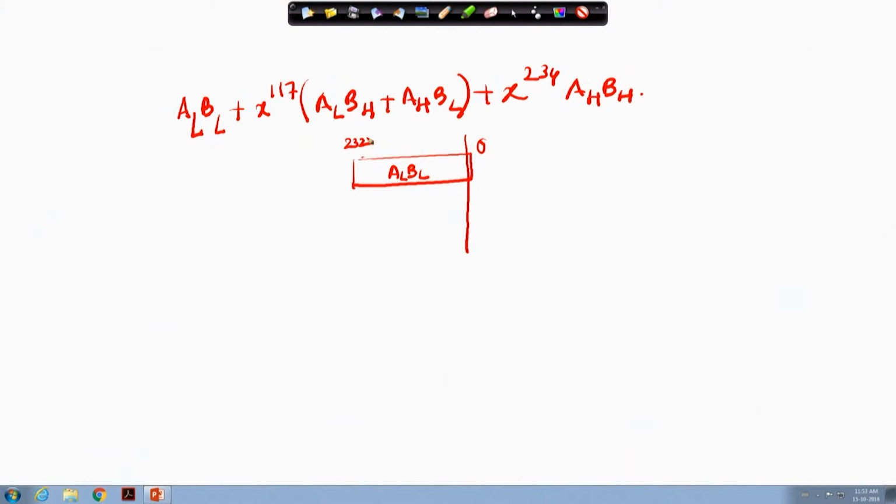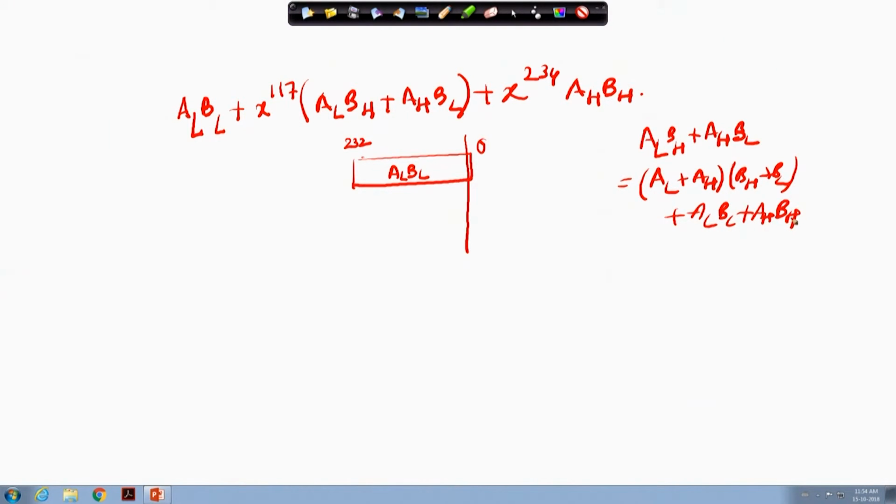Likewise, we see that this part, that is ALBH plus HBL, which we have represented as (AL plus H) into (BH plus BL) minus ALBL minus HBH, is decomposed into 3 parts. This actually starts from 117.